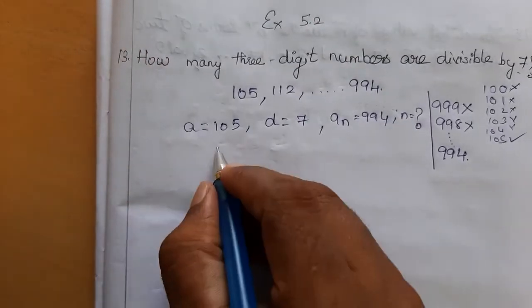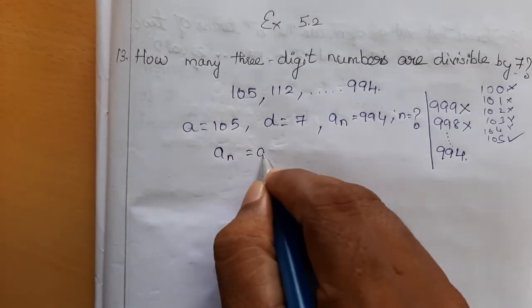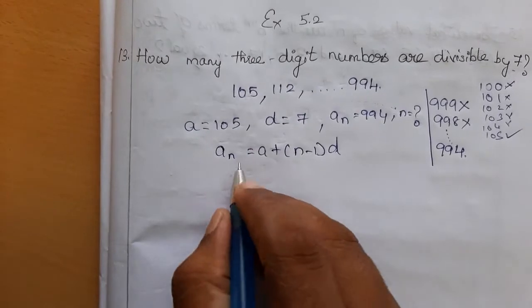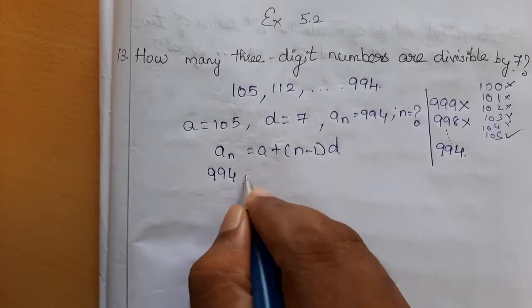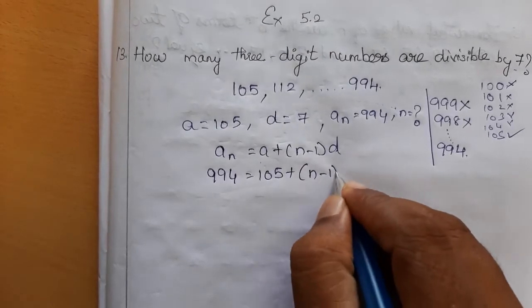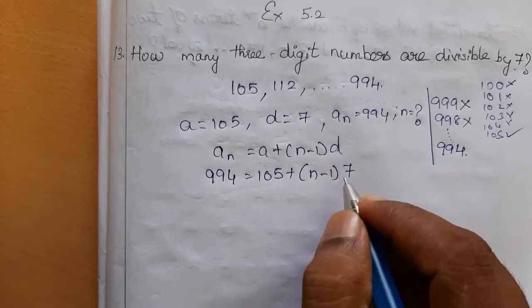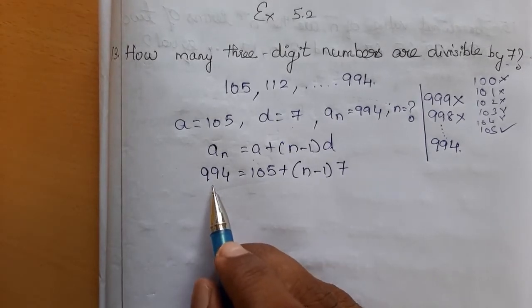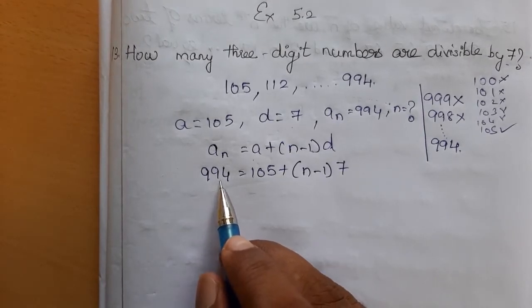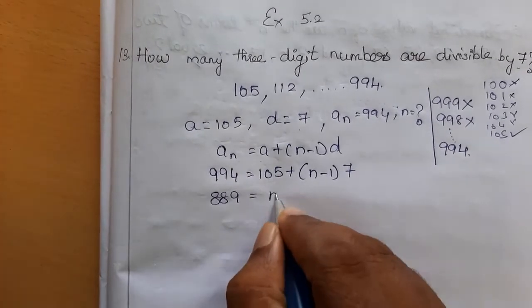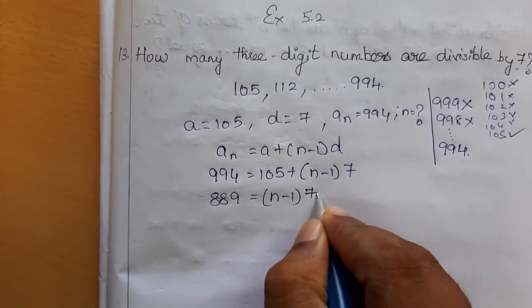By the general form, an is equal to a plus n minus 1 into d. So 994 is equal to 105 plus n minus 1 into 7. If you bring it over, it will be subtracted, and it will become 889 is equal to n minus 1 into 7.